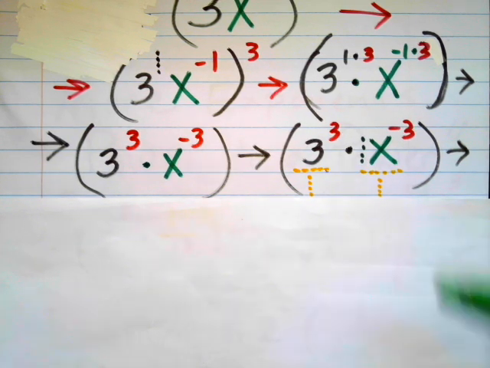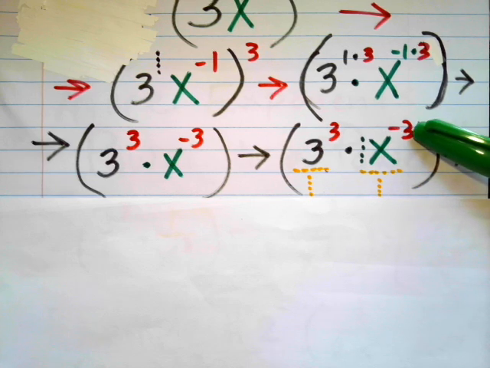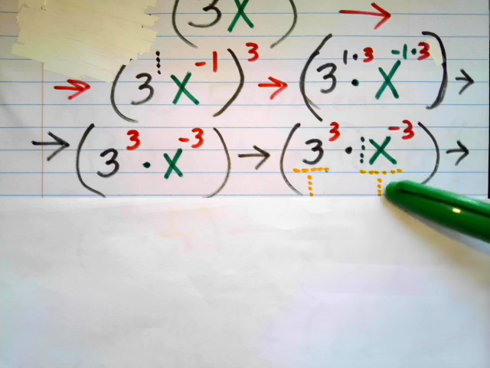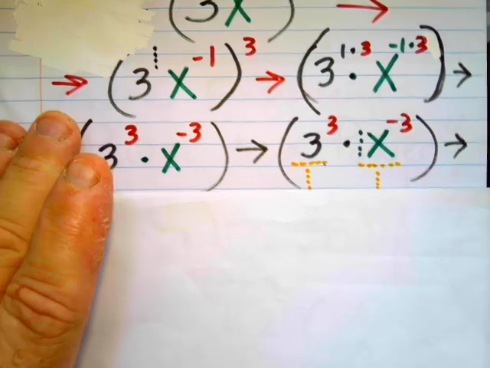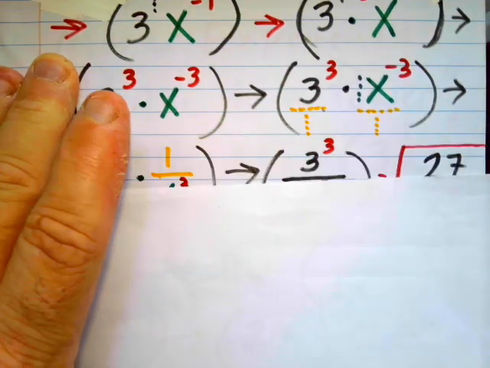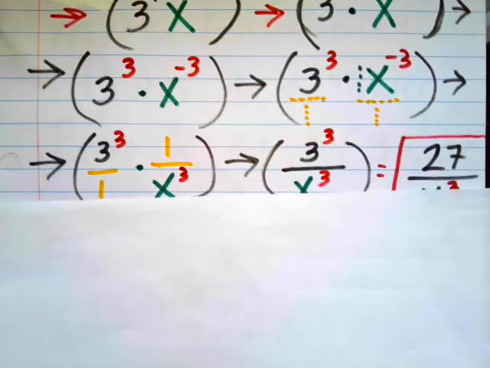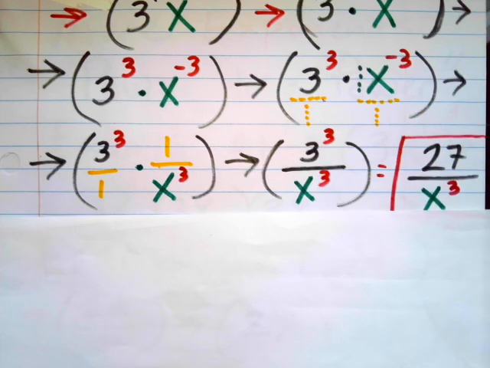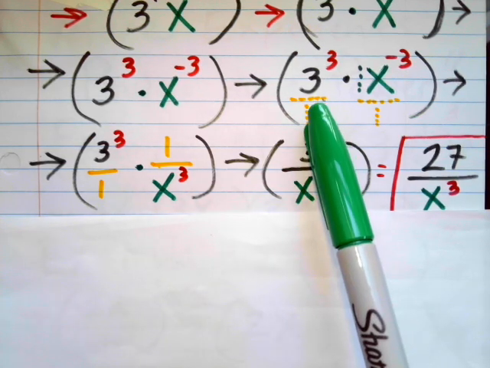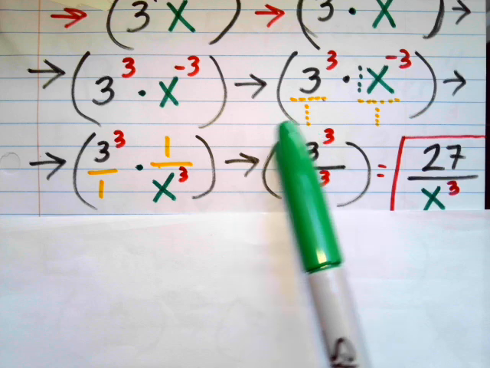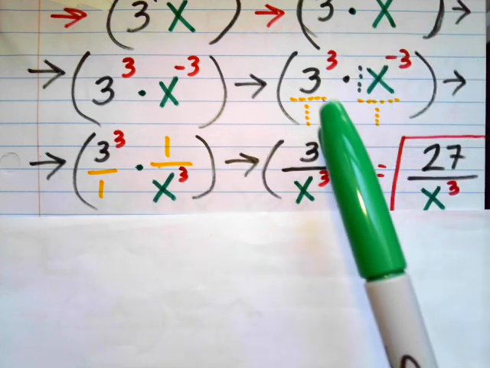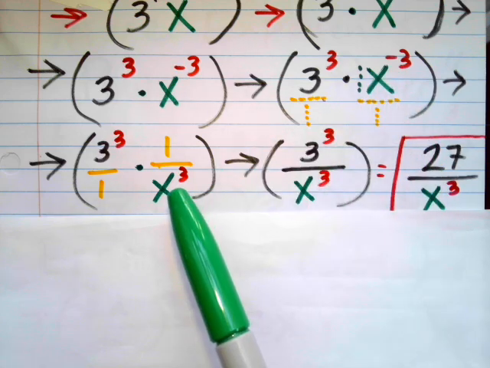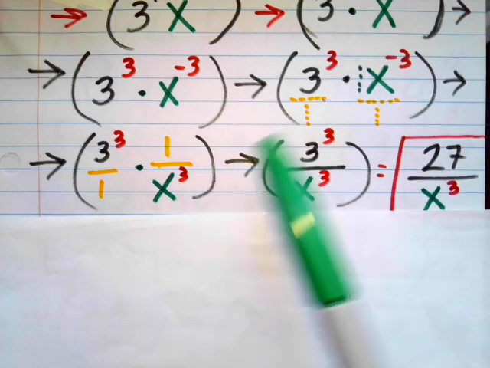So the rule is, in order to change that negative 3 exponent into a positive, we take this fraction and we flip it. That's what we do in this next step, as you can see here. I've rewritten this fraction, 3 to the third power over 1 times. I flip this fraction, so x is now in the denominator with a positive 3 exponent.